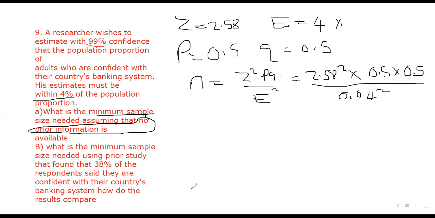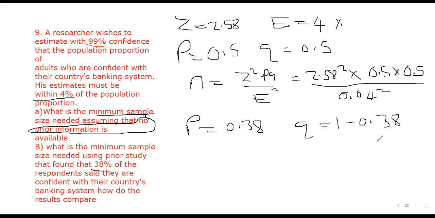But for the next one, we've been told that we have prior information that 38% of the respondents are confident. So 0.38 will be your P, and your Q should be 1 minus 0.38. Here my people perished because of lack of knowledge and not attending Collins's classes.